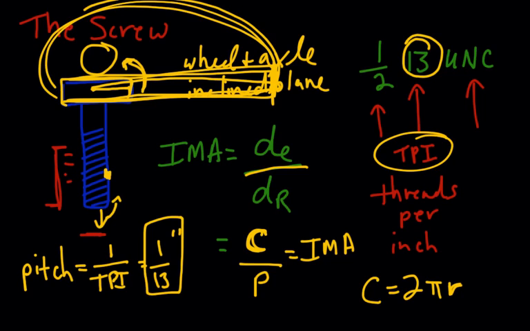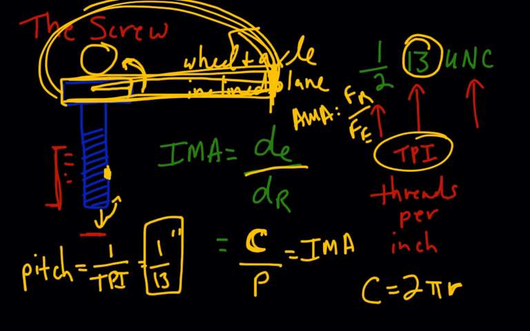So effort distance over the pitch is your IMA. And of course, if we can figure out how much force we're applying in for effort and how much force it's taking to screw this in, we can still get an AMA the same way we've always done, FR over FE.